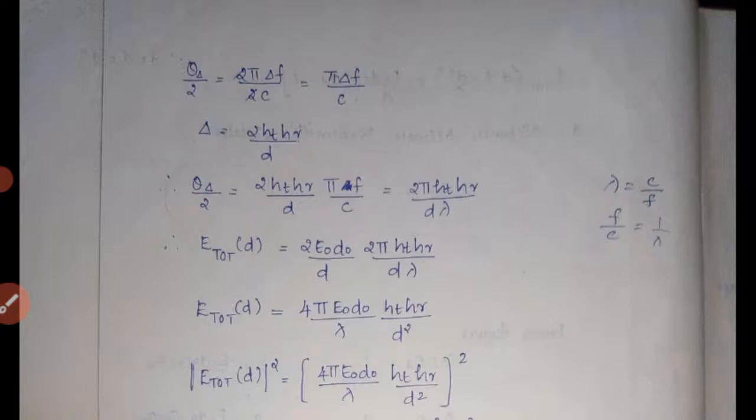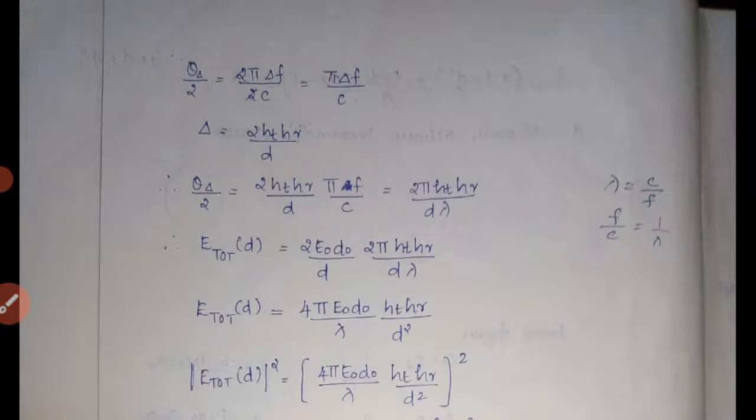Then what about the value for the path difference delta? That is 2 ht hr by d. We have to substitute the value of delta. So delta theta by 2 is equal to 2 ht hr by d into pi f by c.